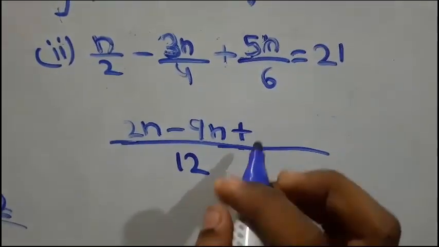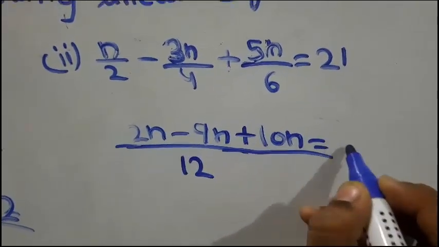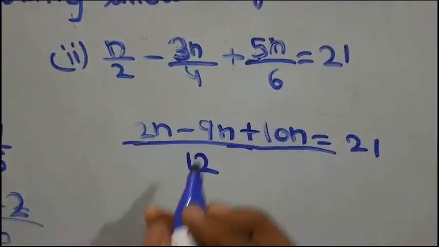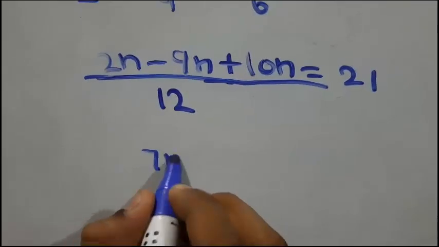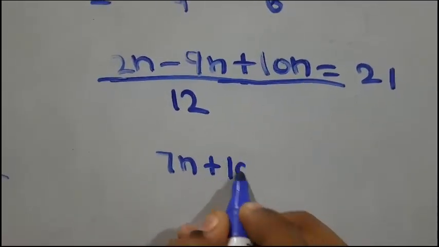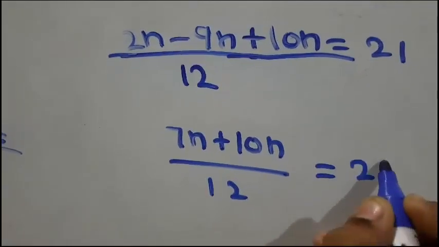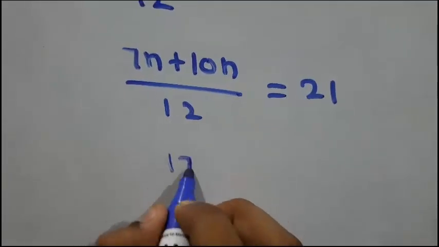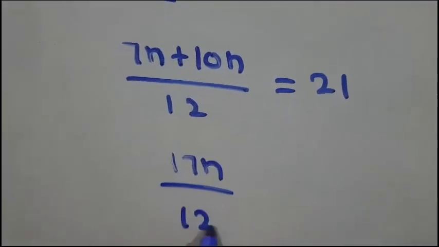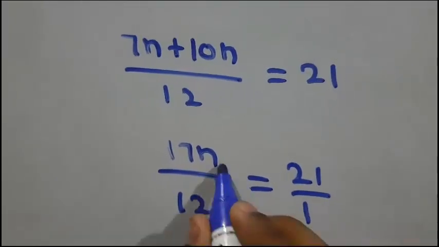Plus 10n equals 21. 6n minus 9n means 7n plus 10n by 12 equals 21. 10 and 7 plus means 17n by 12 equals 21 by 1.